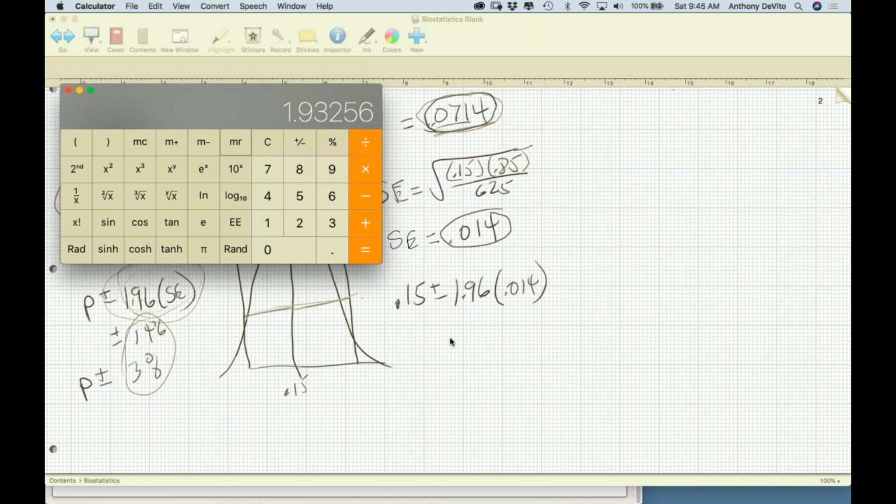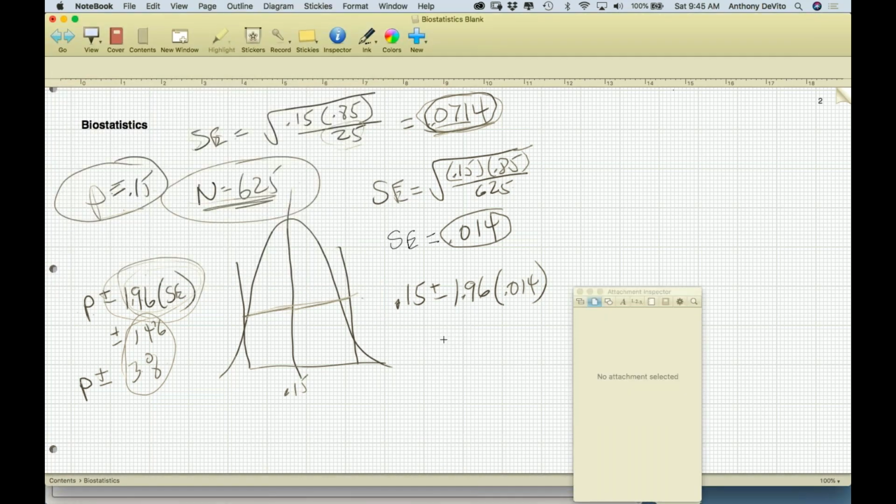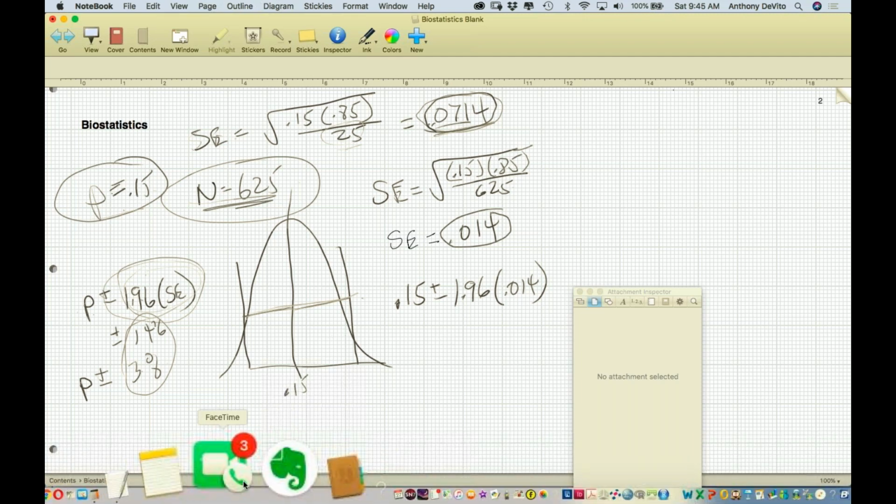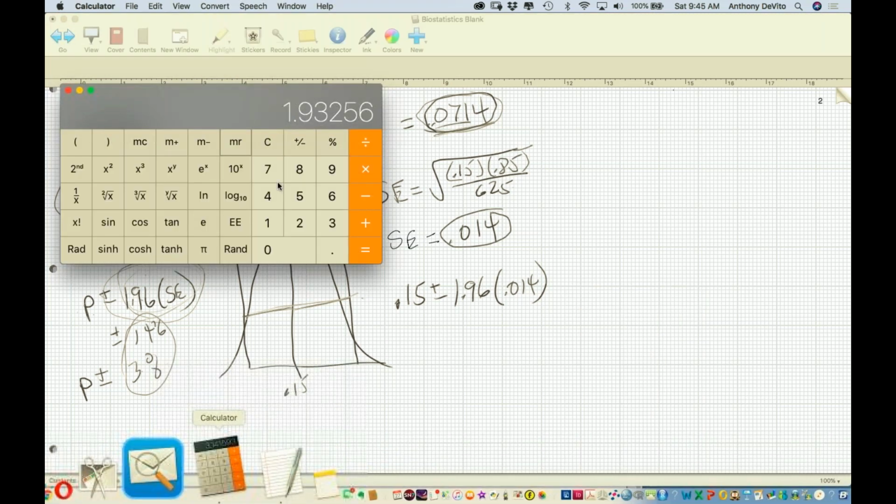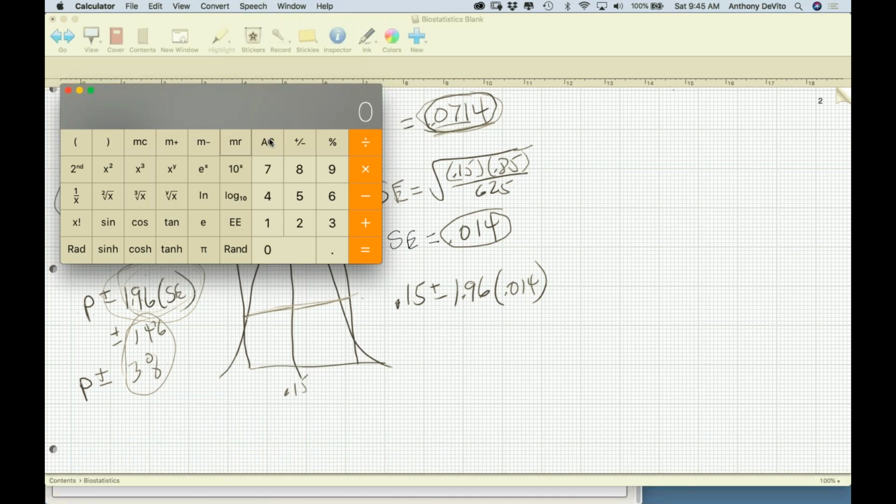Oh, excuse me. Actually, let me go back to that again. It's going to be 0.15 minus, recall our number here, that 2.7%.